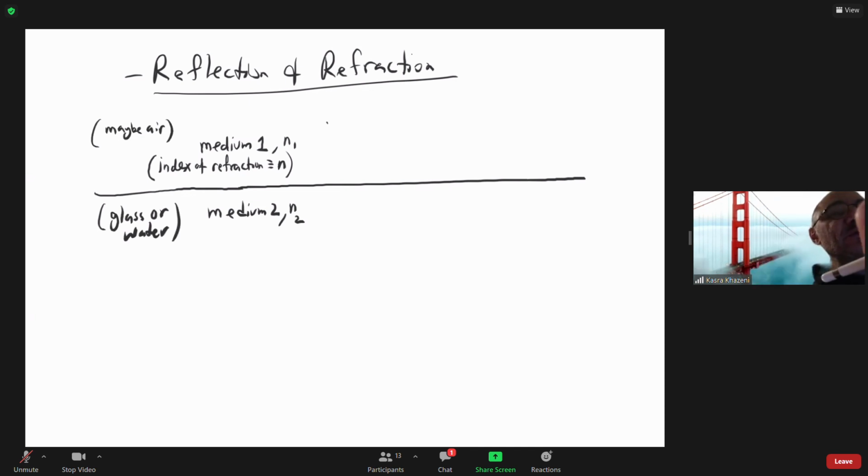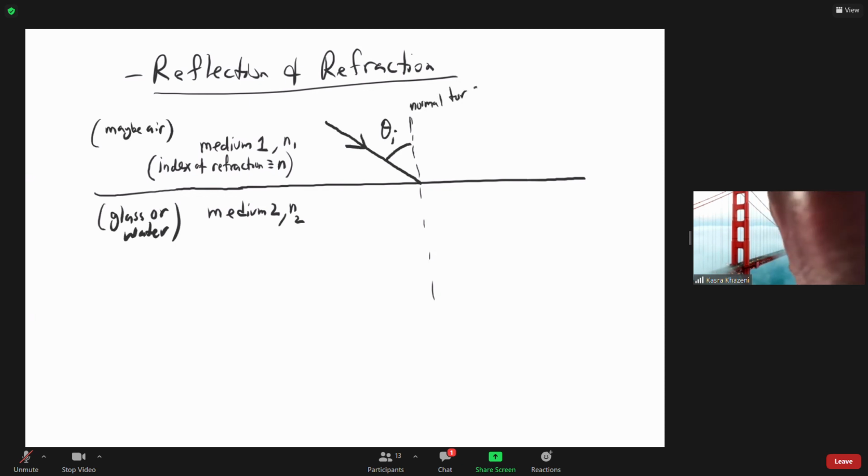So if the electromagnetic wave, in this case light, is coming in this way, we always measure the angle of incidence as the angle the beam of light makes with the normal to the surface. So this is the normal to the surface.